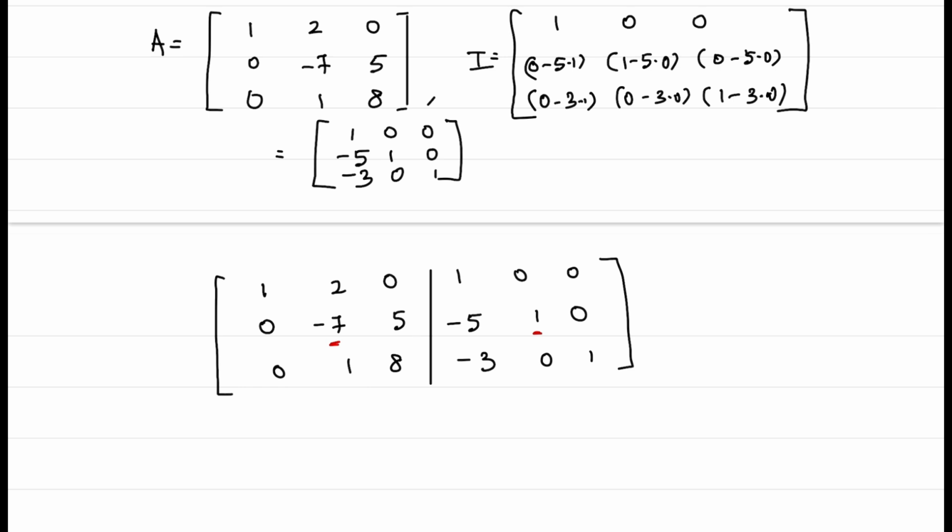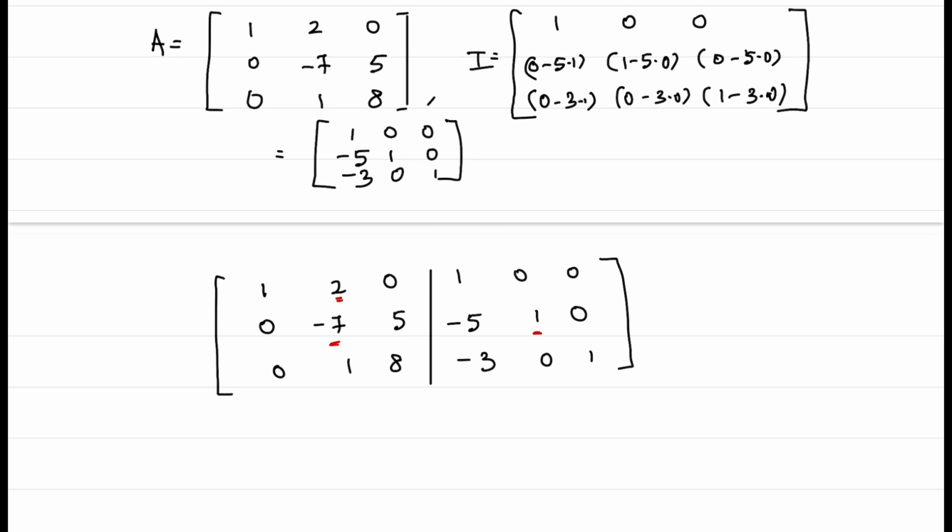Minus 7 should be unit, and also 2 should be 0. Follow this only. First I took the first column, and I made the first element in the first column 1 and the others 0.